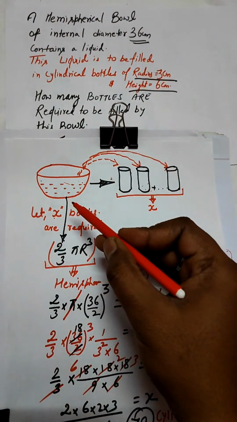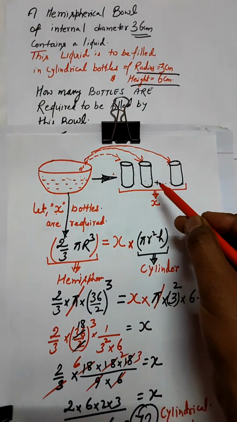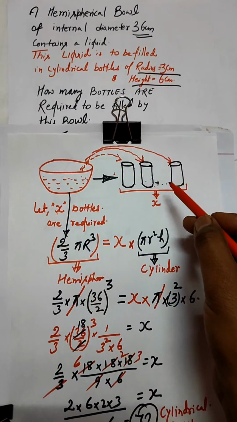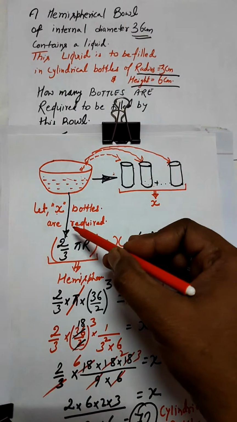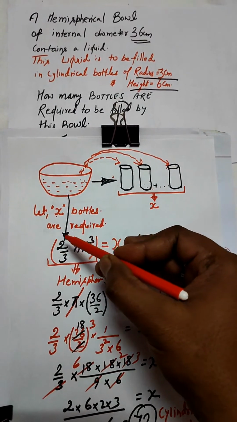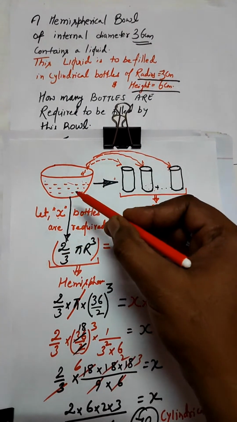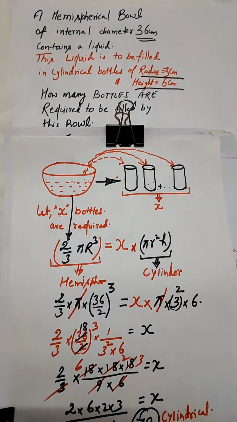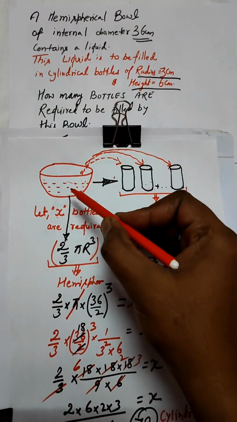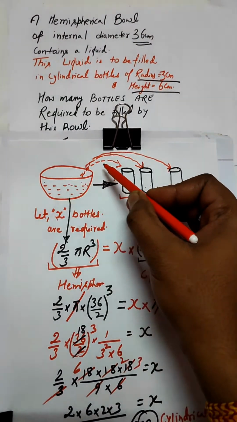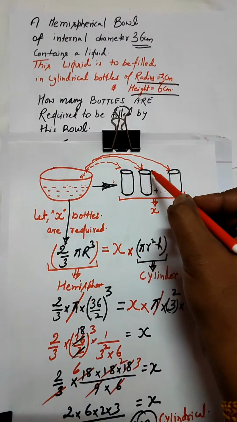Now, this volume needs to be emptied into a number of cylinders, right? So 2 by 3 pi r cube will be the volume of the liquid contained inside this hemispherical ball, right? And this liquid needs to be emptied into these multiple cylinders.